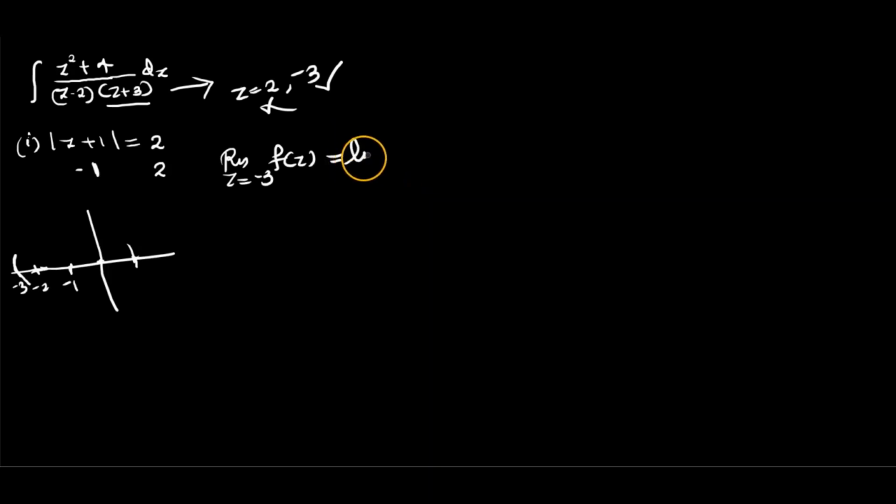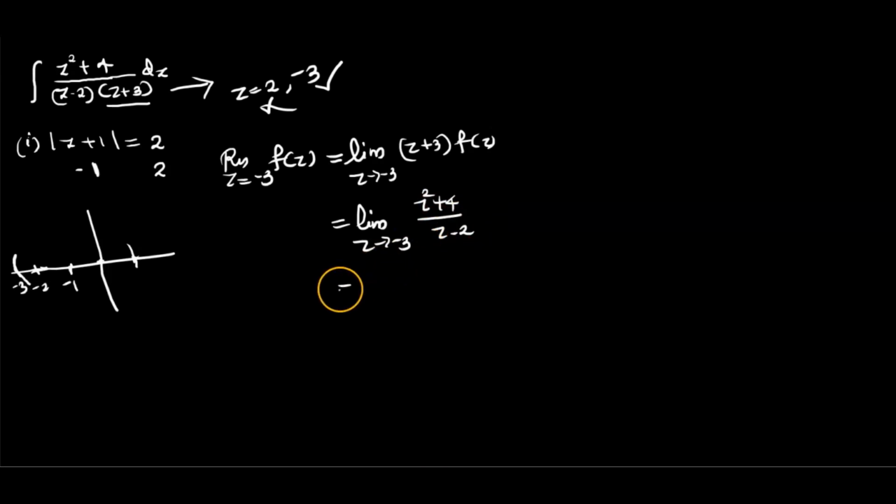We know that the residue at a simple pole is the limit as z tends to minus 3 of (z plus 3) times f of z. That is the limit as z tends to minus 3 of z squared plus 4 divided by z minus 2. Putting minus 3, we get minus 3 squared, 9 plus 4, 13, divided by minus 5, since minus 3 minus 2 is minus 5.